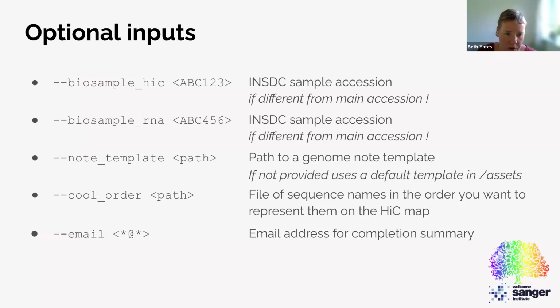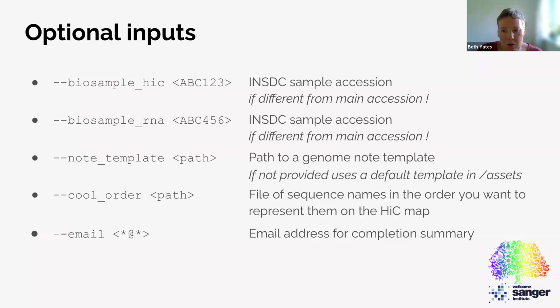Then you create a template, which is essentially a document which has most of the note content, but with placeholders for the bits of text that vary from assembly to assembly. Things like the assembly name would be a placeholder. The assembly accessions and the biosample accessions would all be placeholders within the template.